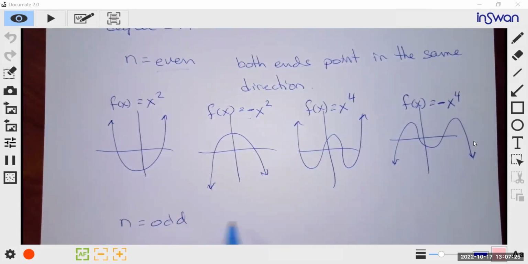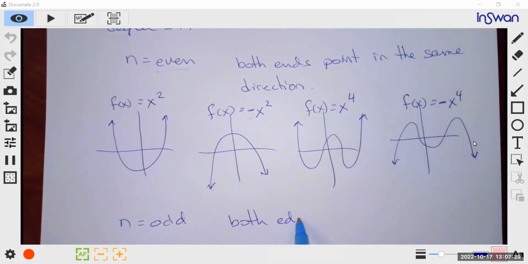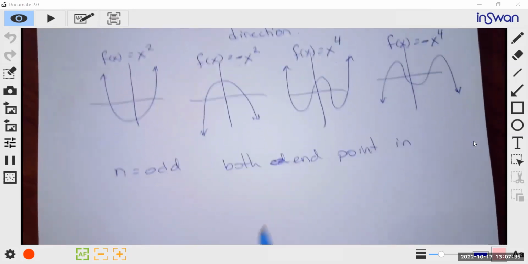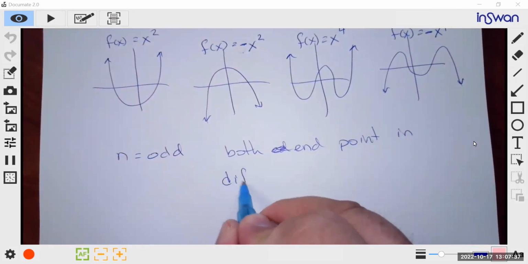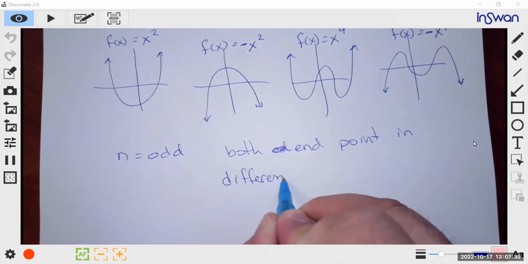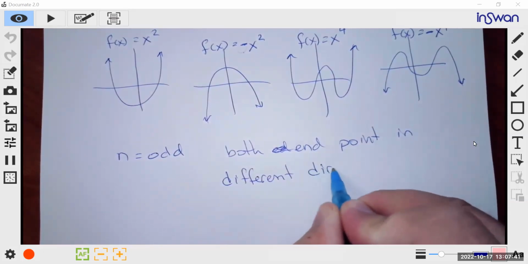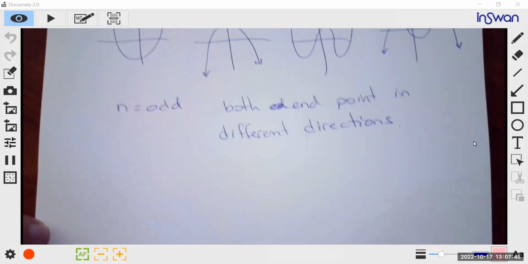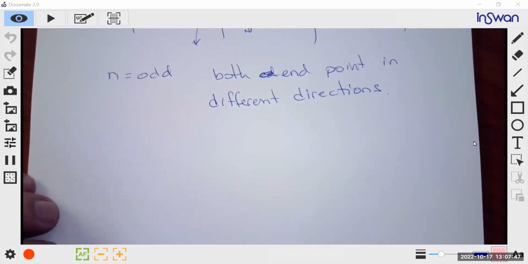If n is odd, both ends point in different directions. If n is odd, both ends point in a different direction.